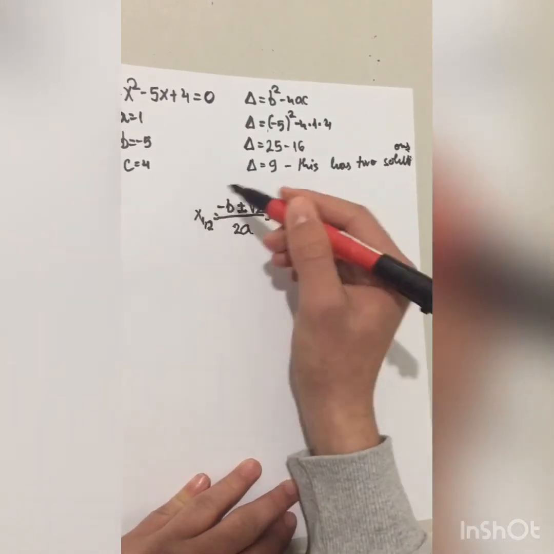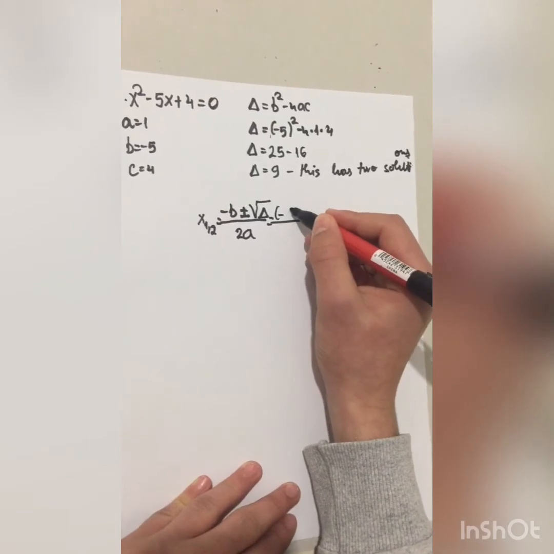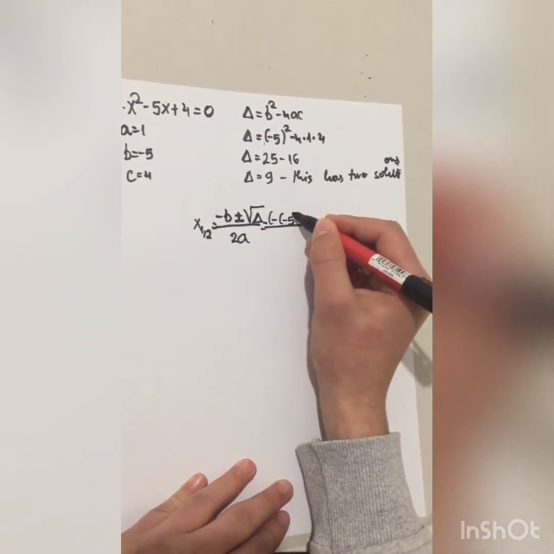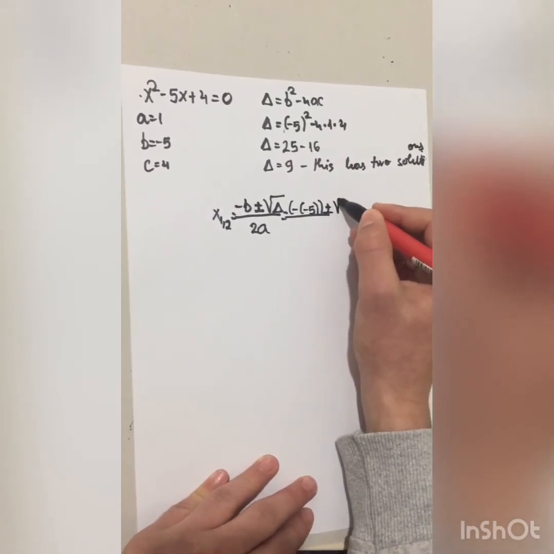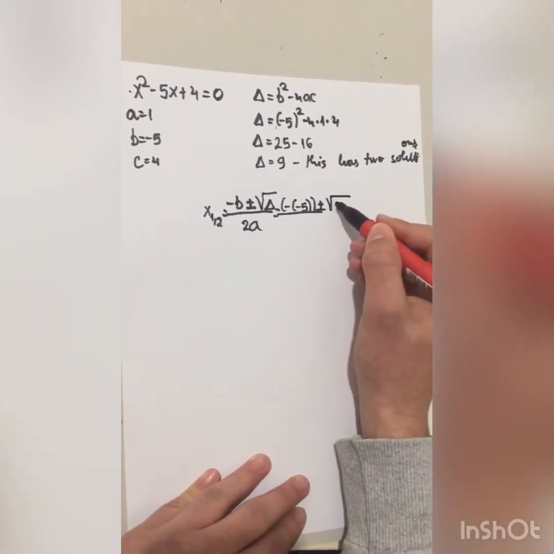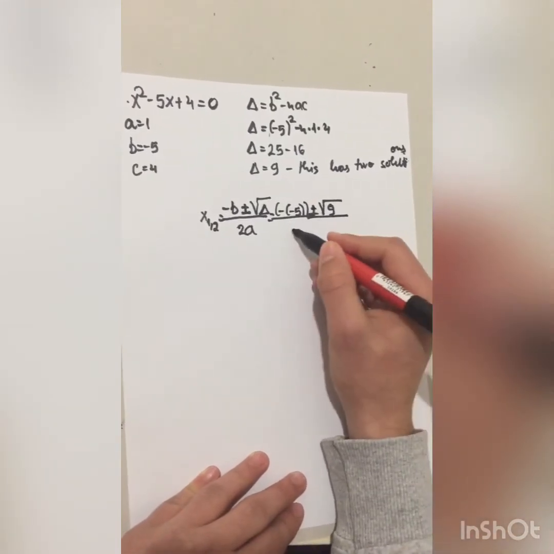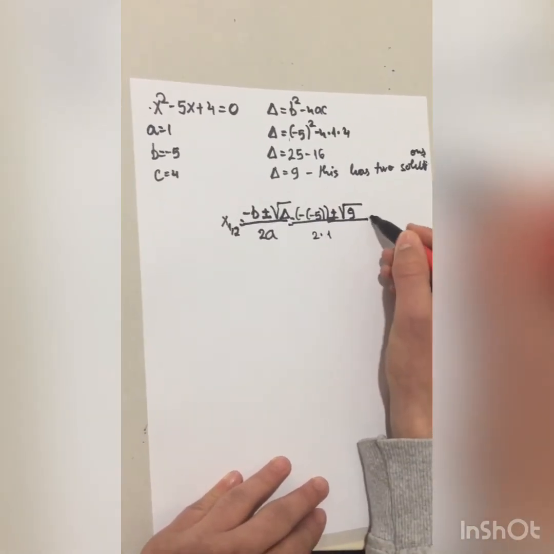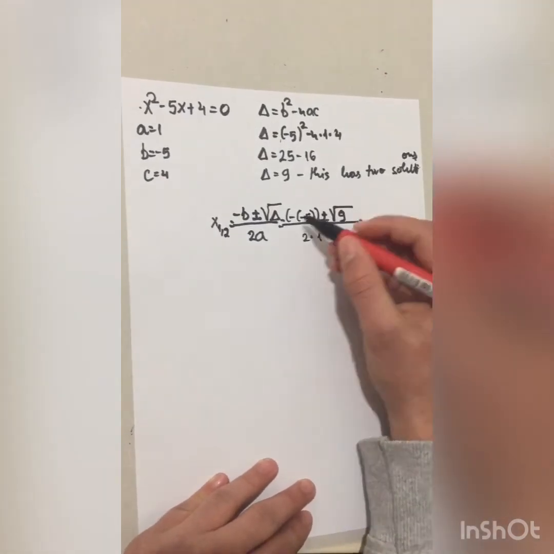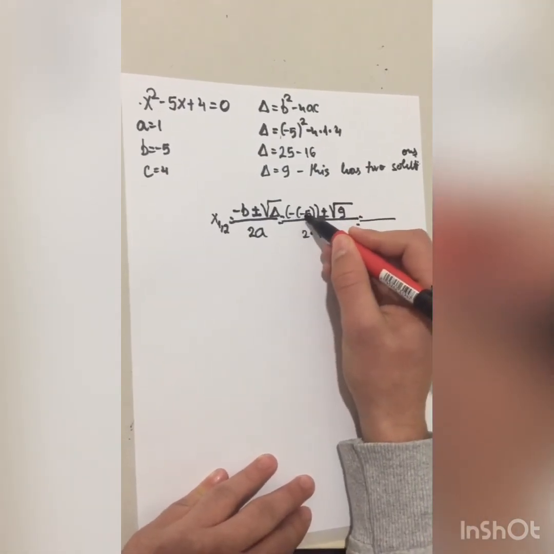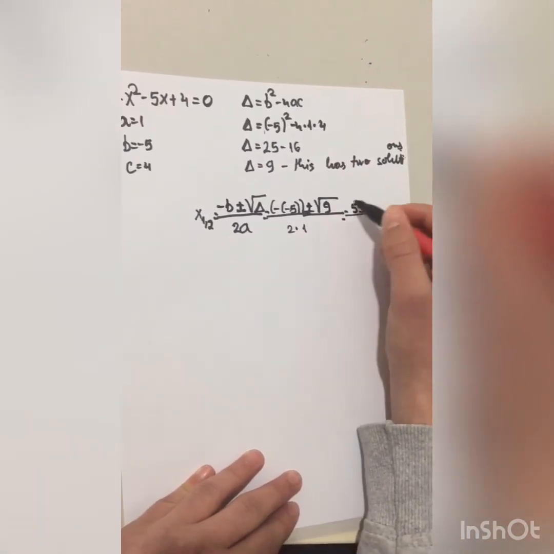In this case, minus b is minus minus 5, plus or minus root of delta. Root of delta is root 9, and 2a is 2 times 1. Minus minus 5 is 5 because it has a minus sign before it.